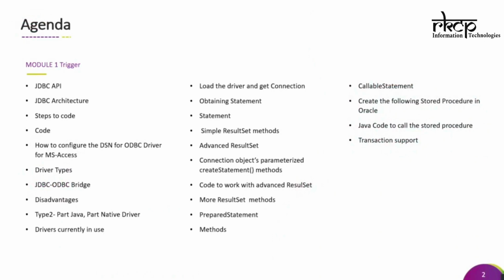type 1 bridge driver, disadvantages of that, type 2 driver, disadvantages, type 3 driver, type 4 driver, how to load a driver, how to get a connection, how to create your query, which is a statement, what is the meaning of result set, how to execute your query.